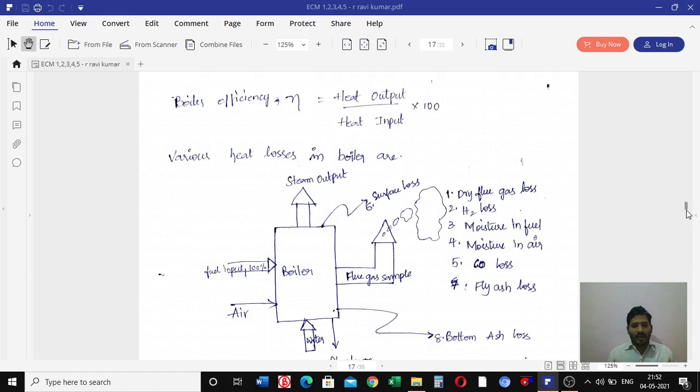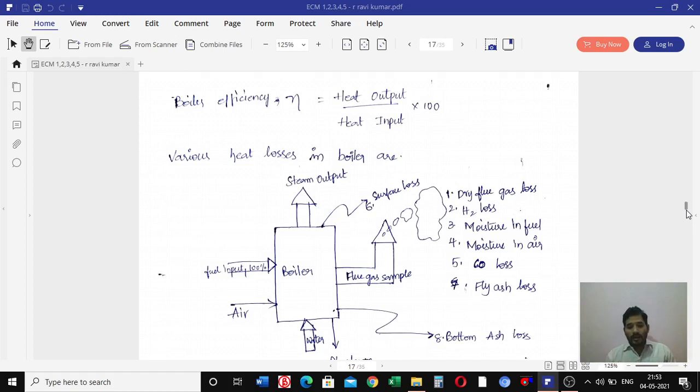Let us see this figure. In the boiler we insert the water, as well as the air and the fuel input of 100%. We need to heat the water until it vaporizes, and this vapor is converted into the steam output.